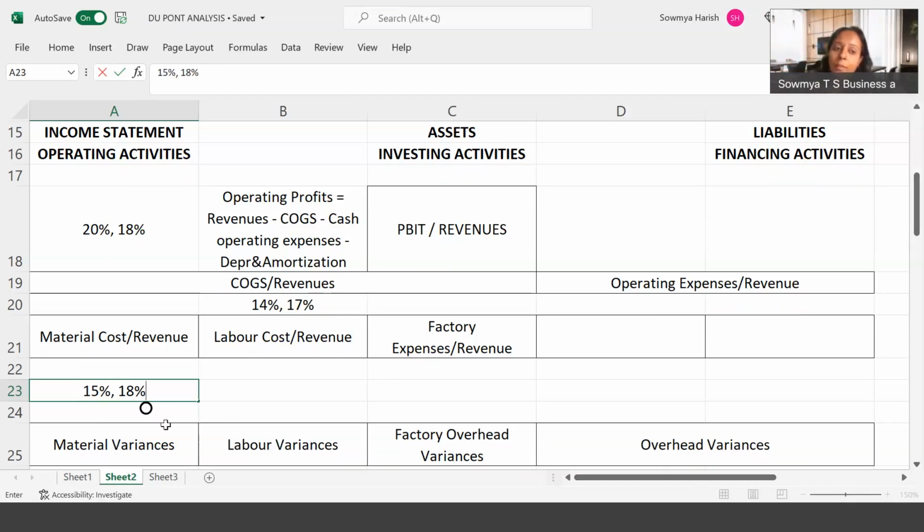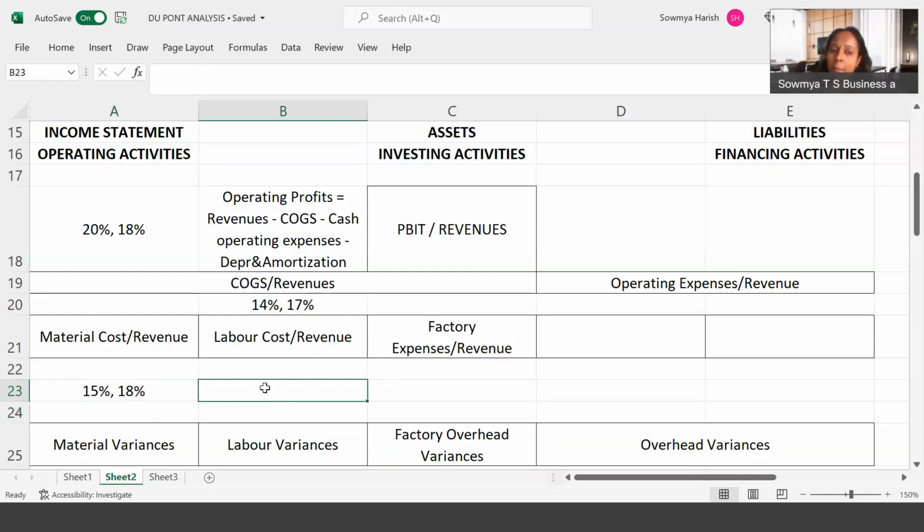So by applying material variances, you'll get to know the real cause or the specific cause for the increase in the material cost. Similarly, we will also see the labor cost.